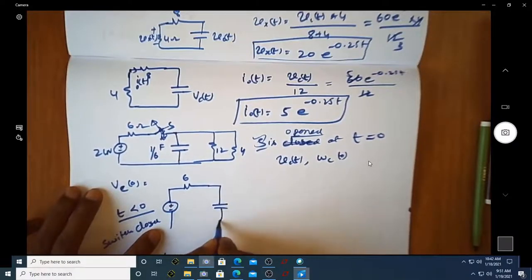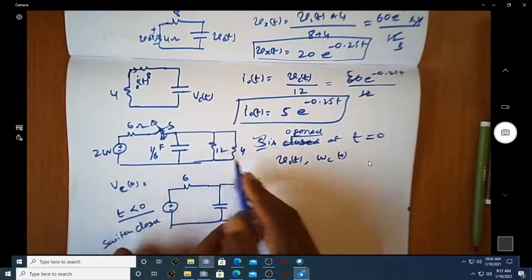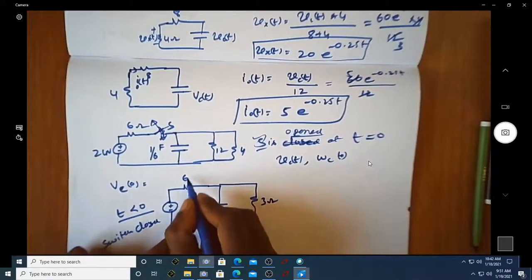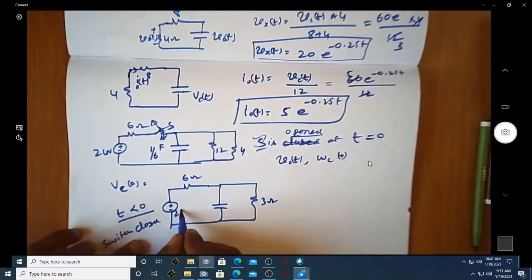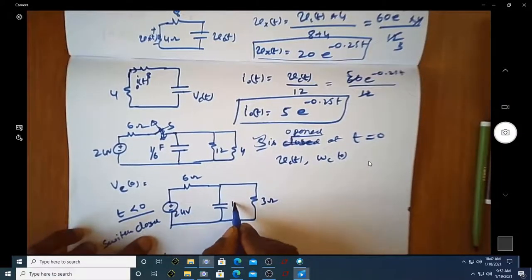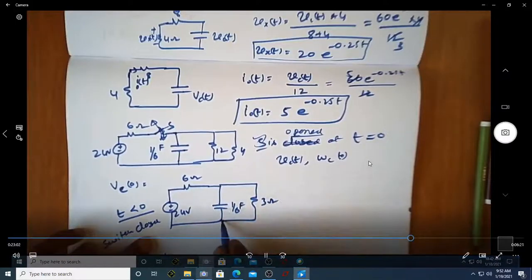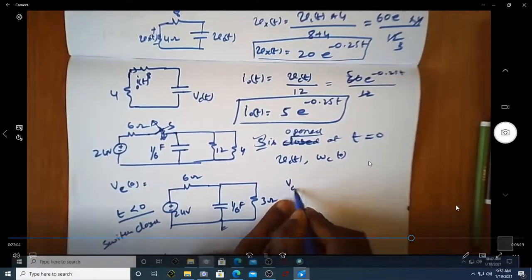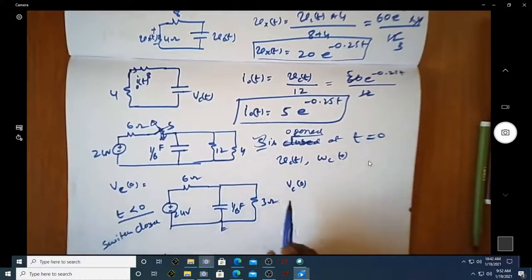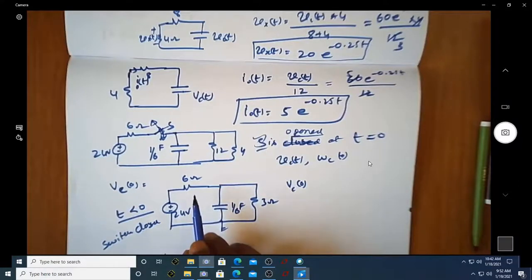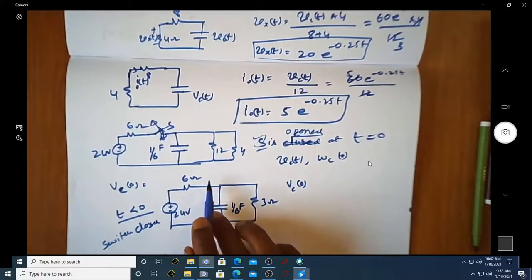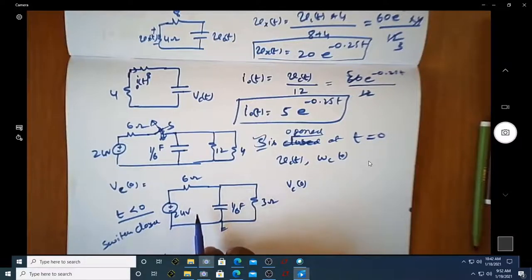I have a capacitor, and of course I'll write the equivalent resistance. Now this will be 3 ohm, so it is 6 ohm. So I have a 24 volt, and there is a capacitance of 1 by 6 farad. Now what is VC0? VC0 is nothing but the voltage across the capacitor before I open the switch.